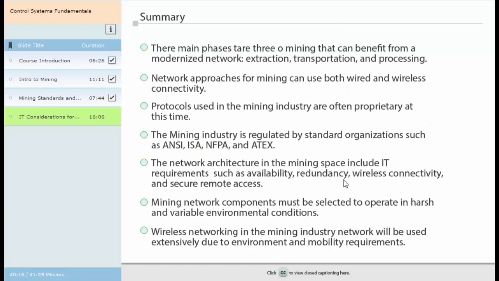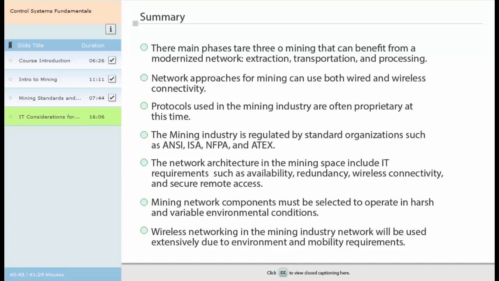In this module, we have seen that there are three main phases to mining that can benefit from a modernized network, including extraction, transportation, and processing. Network approaches for mining can use both wired and wireless connectivity. Protocols in use in the mining industry are often proprietary at this time. The mining industry is regulated by standard organizations such as ANSI, ISA, NFPA, and ATEX.